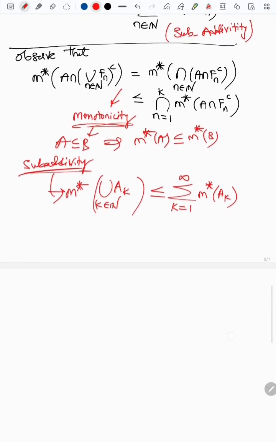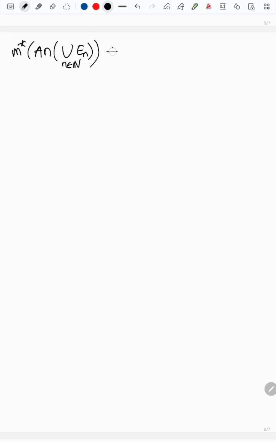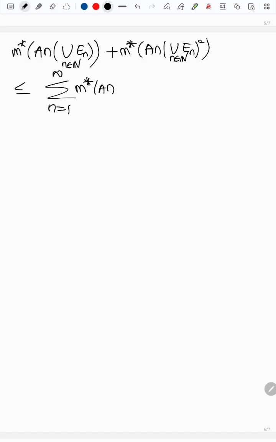So we are at this. Okay, now let's put it in the right way. m star of A intersection with the union over n belongs to N of En, plus m star of A intersection with the complement of that union, will be less than or equal to the summation of m star of A intersection with En, plus m star of A intersection with E complement.